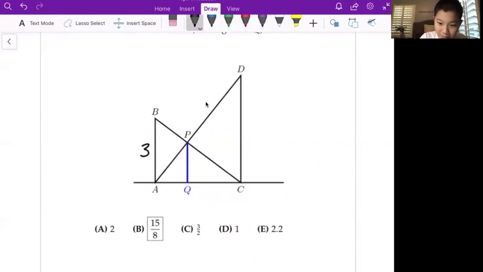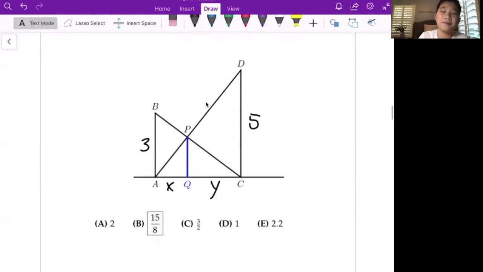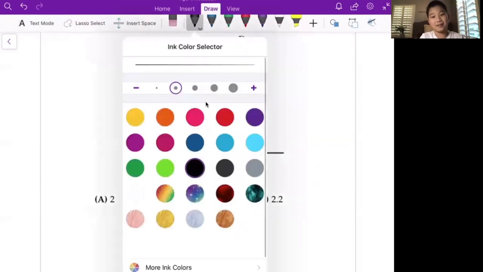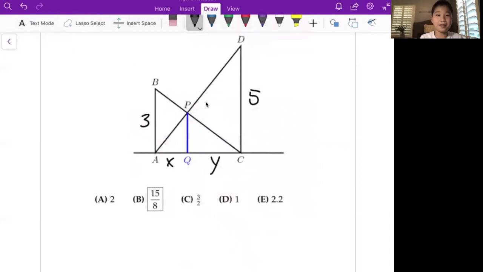So let's label these. And then let AQ be X and QC be Y. Yeah, this kind of thing, you'll just have to set variables somewhat carelessly. No matter how you set the variables, you have to get a correct answer in the end. So you can set them pretty carelessly.